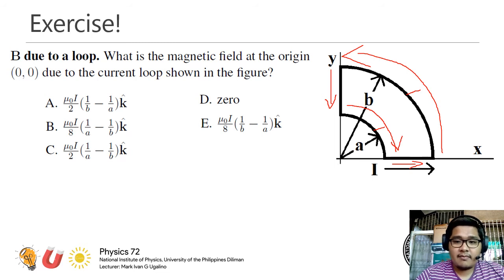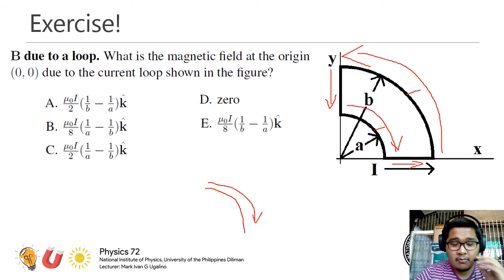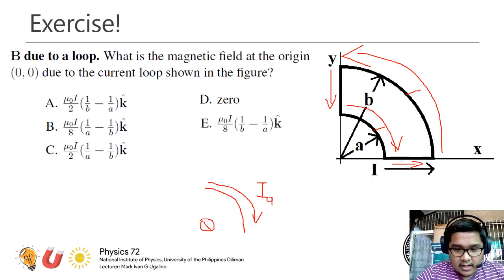I guess it is proper that we consider that first. If you do your right hand rule for radius A, so this is your radius A, the current moves clockwise. This is your current A. If you do your right hand rule, it means that the magnetic field due to A is pointing in the negative Z direction, so this is negative k hat.